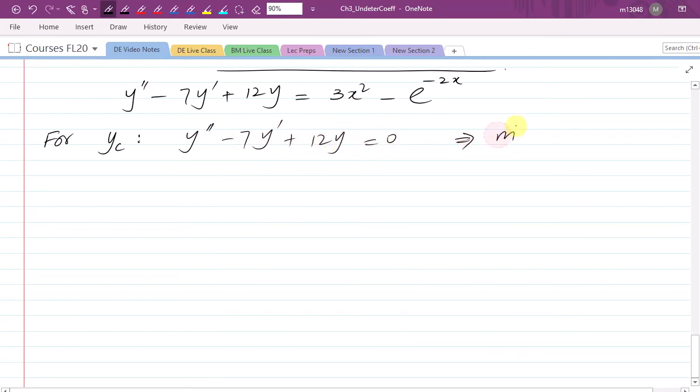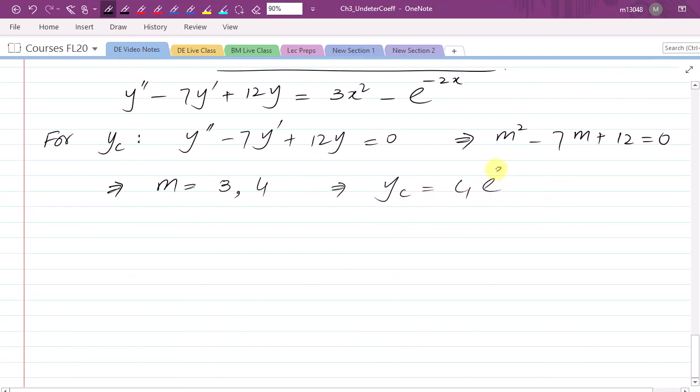The auxiliary equation will be m square minus 7m plus 12 equals 0, and m will be 3 and 4.